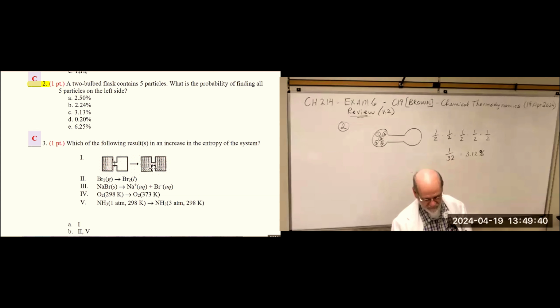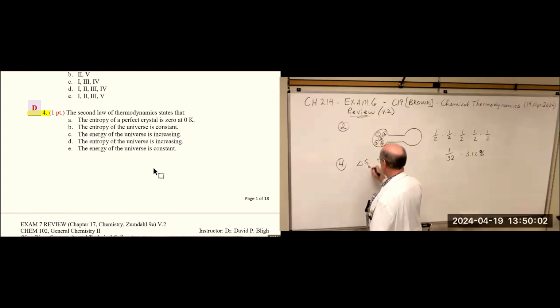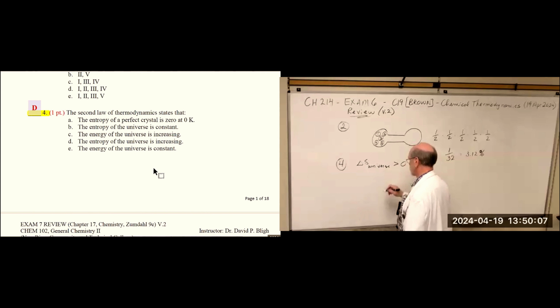Second law of thermodynamics states what? That's the one that talks about entropy. Right. The entropy of the universe is what? Let's see, number 4. The change in entropy for the entire universe is always increasing.